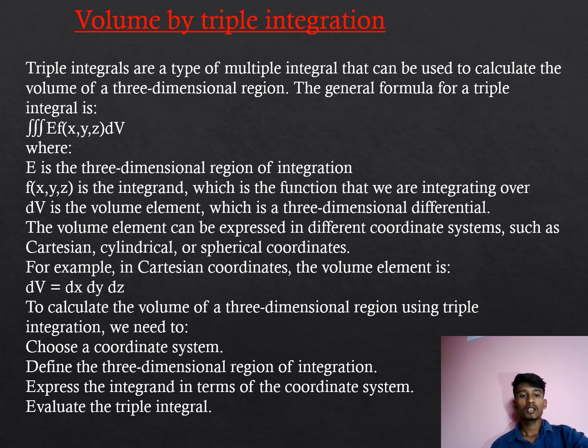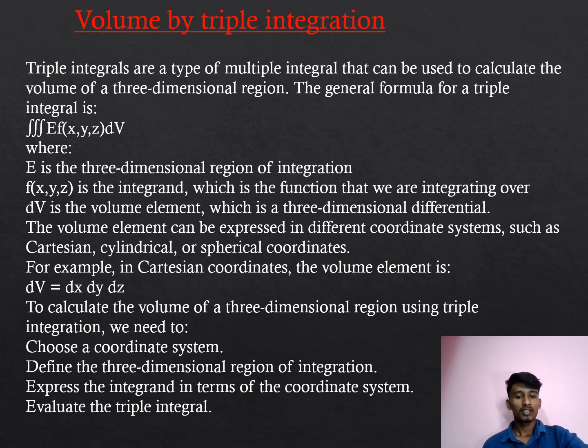The general formula of a triple integration is triple integration of f(x, y, z) dV over E, where E is the three-dimensional region of the integration. f(x, y, z) is the integrand, which is the function that we are integrating over. dV is the volume element, which is a three-dimensional differential. The volume element can be expressed in different coordinate systems such as Cartesian, cylindrical, and spherical coordinates.